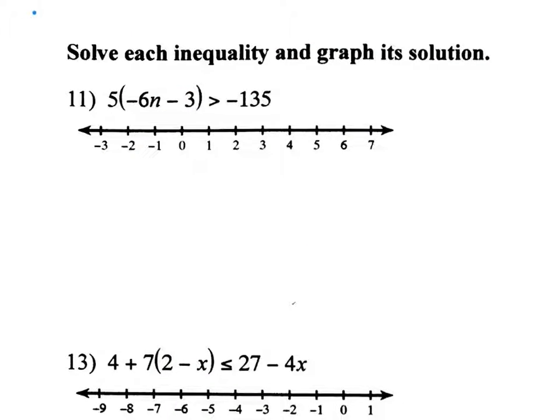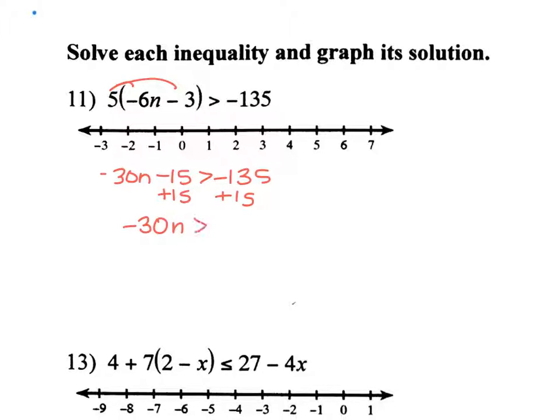All right, so now we're moving on to inequalities. Again, anytime you see parentheses, you're going to want to distribute first just to simplify that. And it looks like all of these problems have distributive property to deal with first. So I'm going to go ahead and do that. Negative 30n minus 15 is greater than negative 135. Just like with an equation, going to try to isolate the variable first.